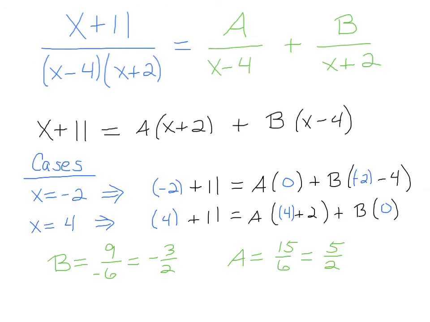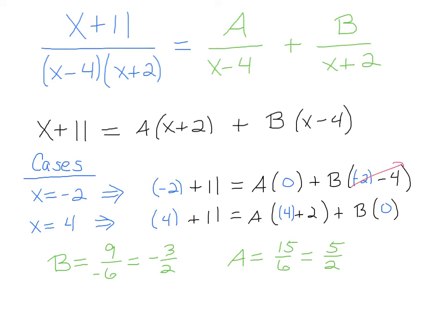When I let x be minus 2, then I put minus 2 into the left-hand side, so I have minus 2 plus 11 equals, now this term here, the a times x plus 2, will vanish because we'll get a 0 there, and then I put in minus 2 for x here, and I'll get a minus 6 along here.